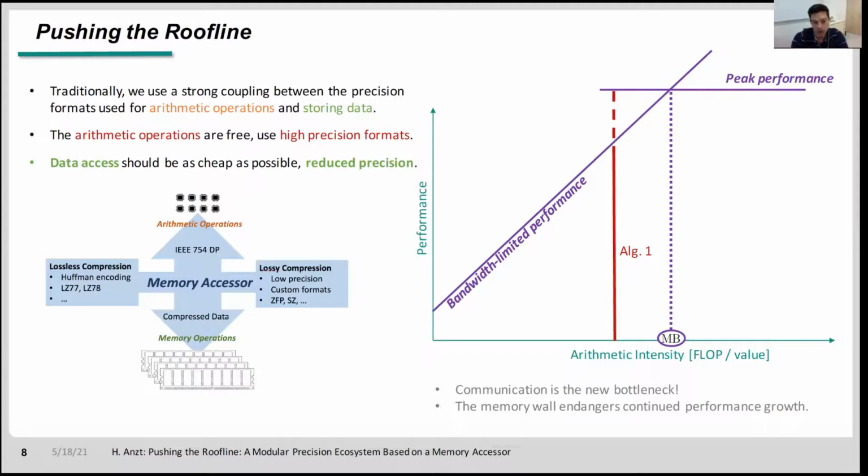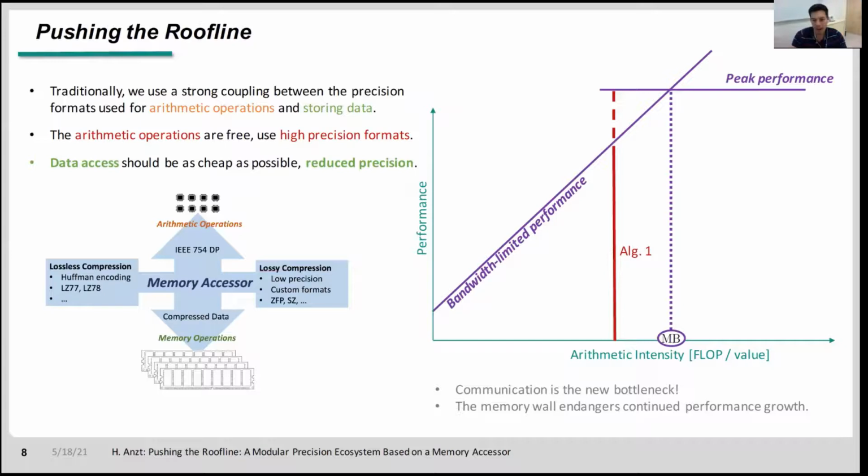The memory accessor decompresses that into, for example, double precision. Then I do my computations, and before I write the result back to main memory, I compress it again. This compression can be lossless, like Huffman encoding or any of the sophisticated compression algorithms, or it could be lossy compression. For example, we just cast the values to a lower precision format.